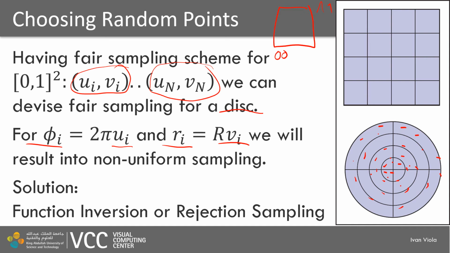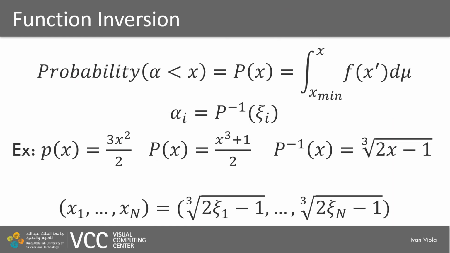There are two strategies which we can use for this purpose: one is called function inversion, and the second one is called rejection sampling. One is conceptually simple, and the second one is simple to implement. For function inversion, let's have a look at the CDF, the cumulative distribution function, where we are calculating the probability between some x min and some value x.